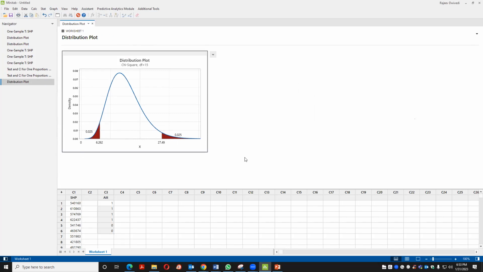So this is a chi-square distribution to check whether the standard deviation is within the range, and the variance is within the range. So this is for checking the standard deviation and variance hypothesis. This is about this module.